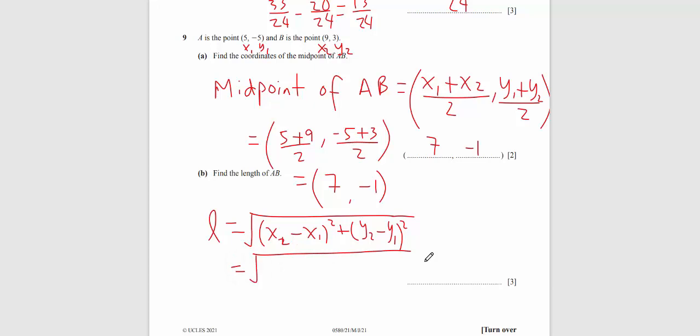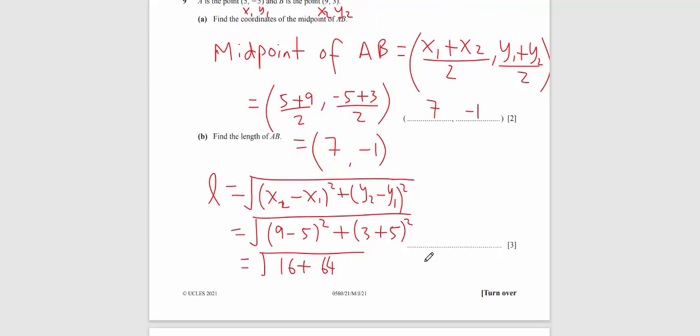And then you will get 9 minus 5 squared plus 3 minus negative 5, which becomes plus 5, squared. So then you get 9 minus 5 is 4, 4 squared becomes 16. 3 plus 5 is 8, 8 squared becomes 64. And then from here you will get the square root of 80.